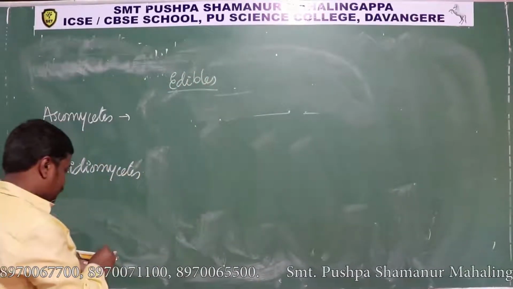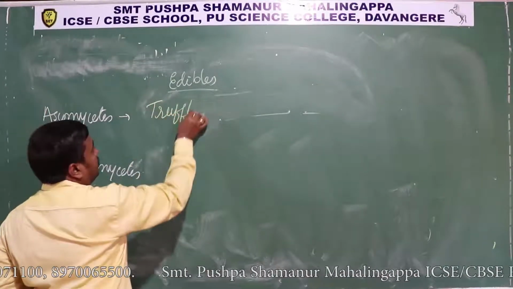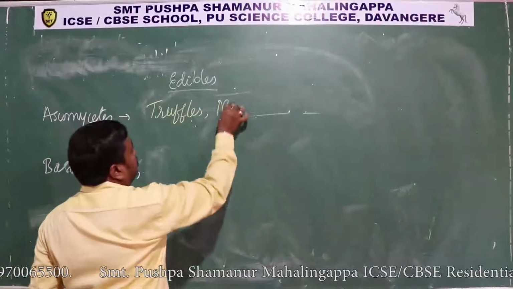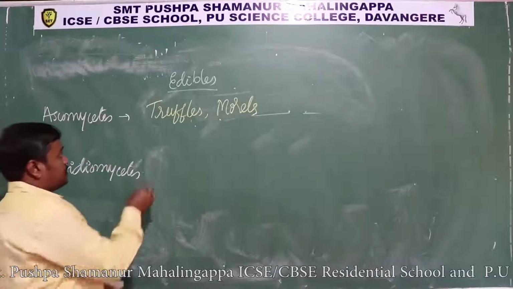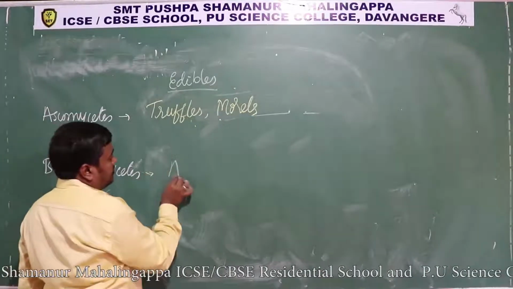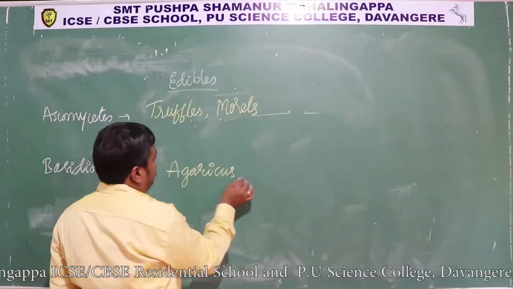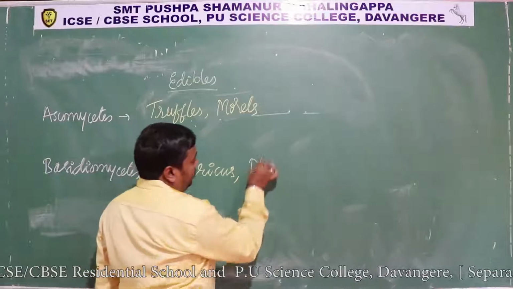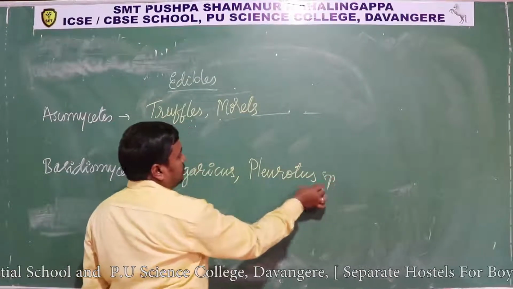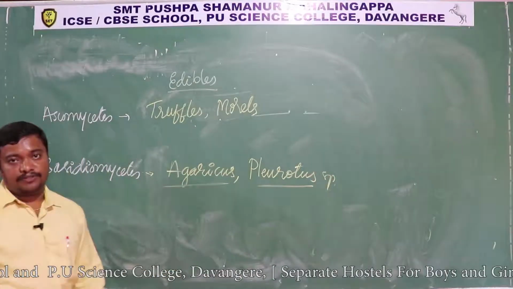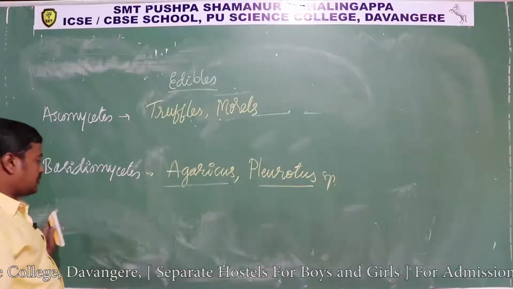So edibles from Ascomycetes are called truffles, and morels are edible, whereas in Basidiomycetes, Agaricus is edible, and Pleurotus species, these are edible in nature. So there are no edible mushrooms in Phycomycetes and Deuteromycetes.